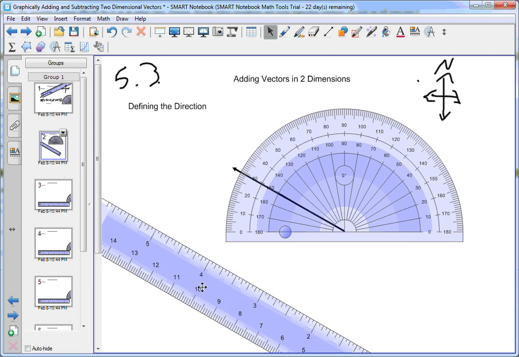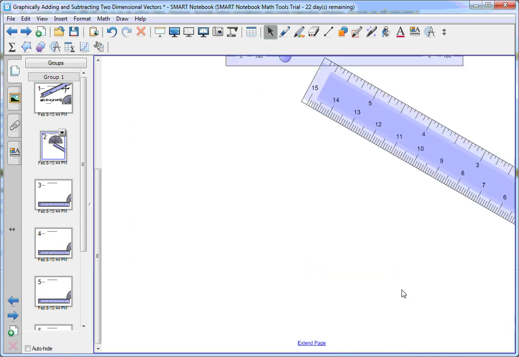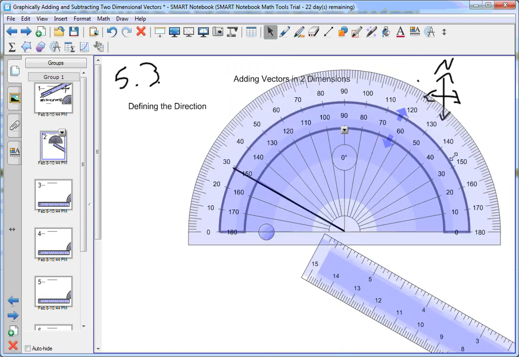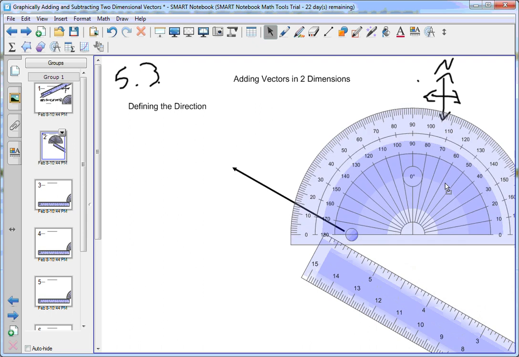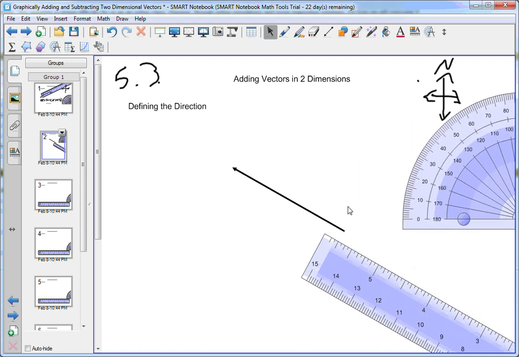So again, if this is A, B, then vector AB, vectors always have the line with the arrow over it.